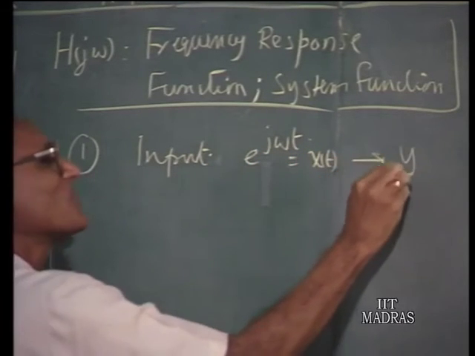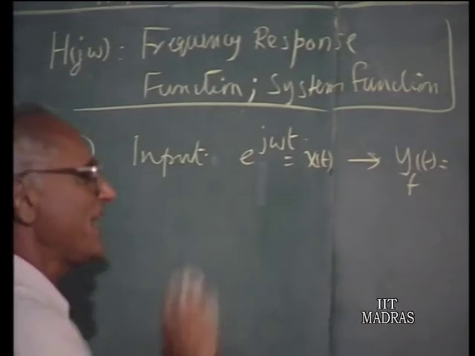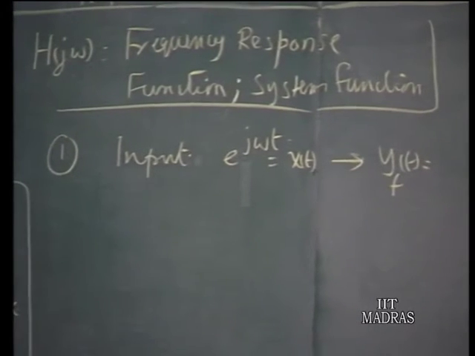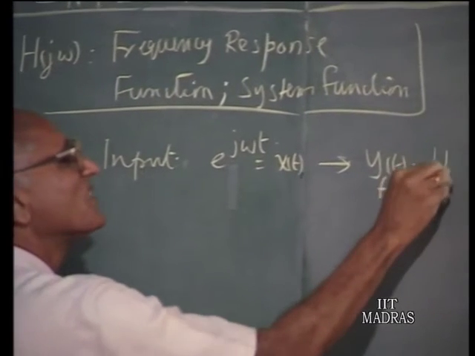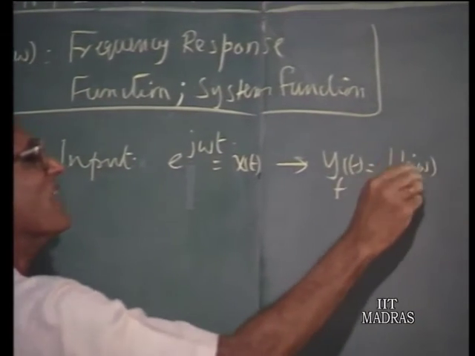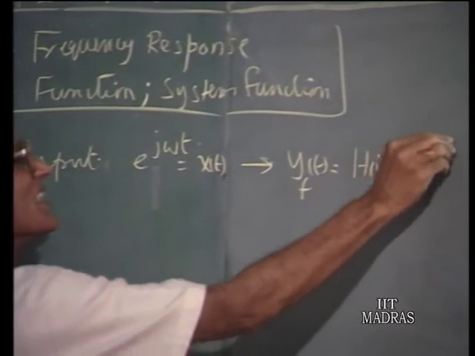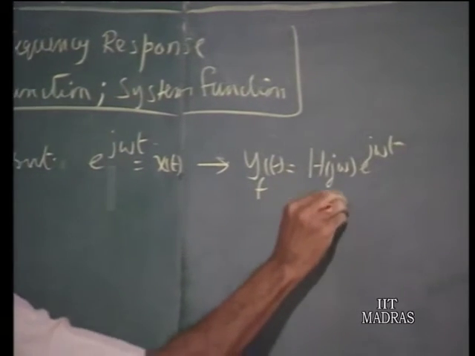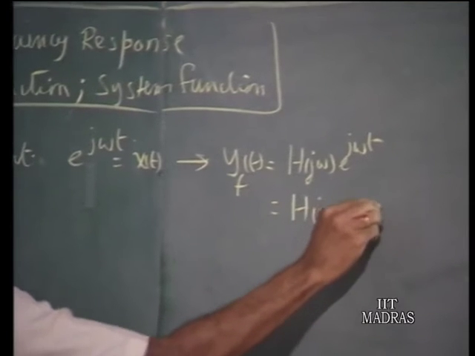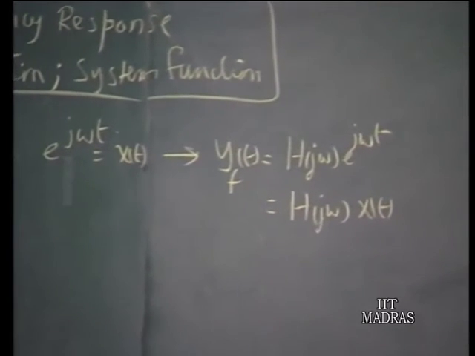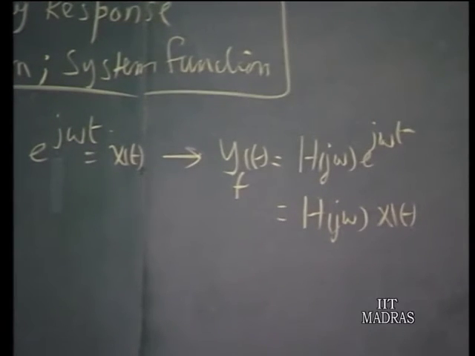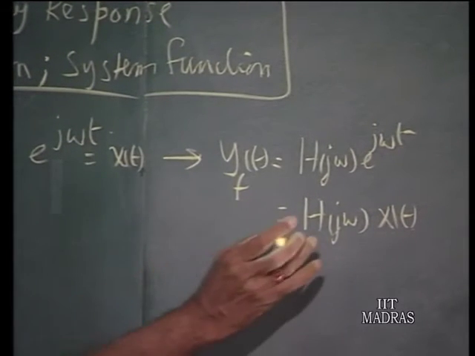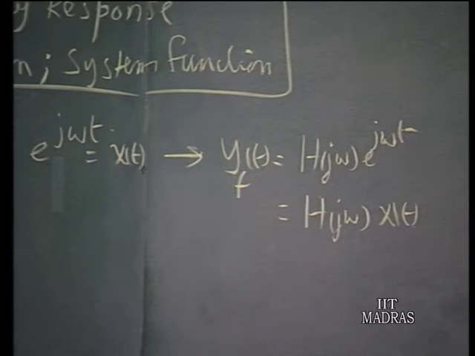It means the forced response y_f of t, the particular integral solution of this differential equation, will be H of j omega multiplied by e to the power of j omega t. That means H of j omega multiplied by x of t. So, the forced response and the input are related by the multiplicative constant H of j omega, which is independent of time. That is why I am calling this a constant.